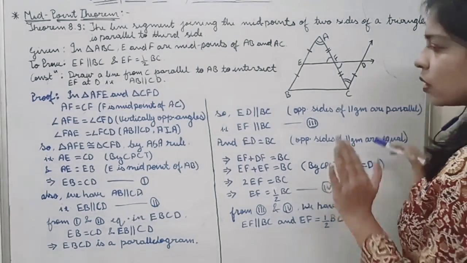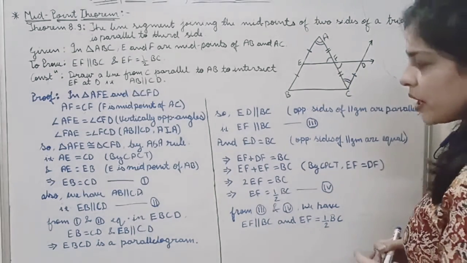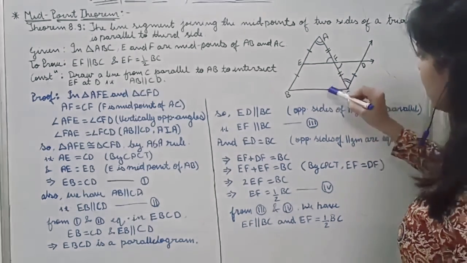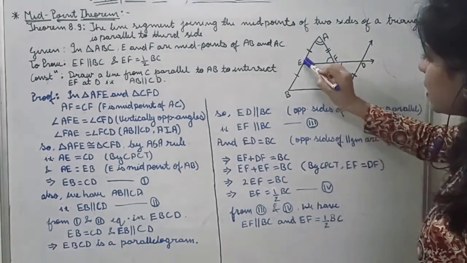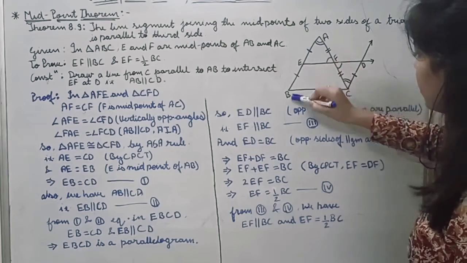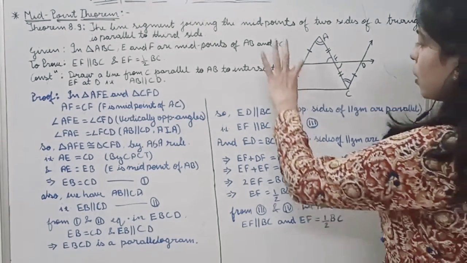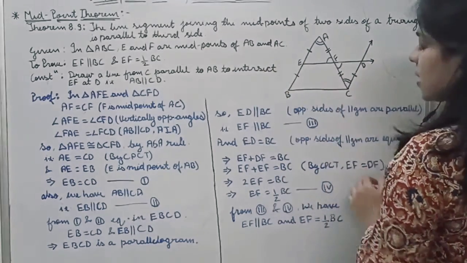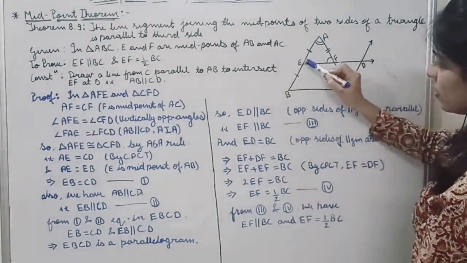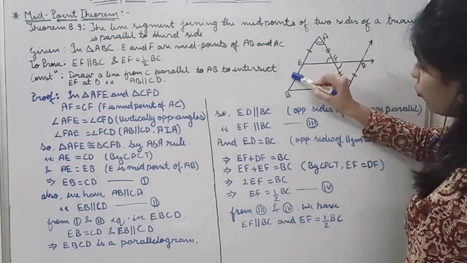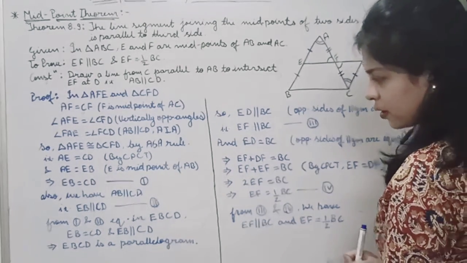Now clearly in quadrilateral EBCD, we are getting from equation number 1 and equation number 2 that EB is equal to CD and EB is parallel to CD. It means quadrilateral EBCD is a parallelogram. Why is it a parallelogram? Because in quadrilateral EBCD, one pair of opposite sides is equal and also parallel.